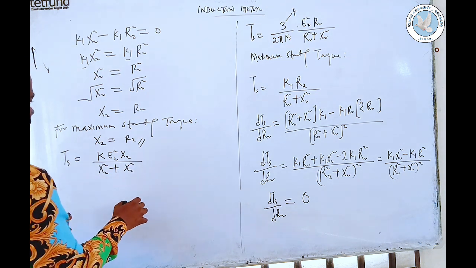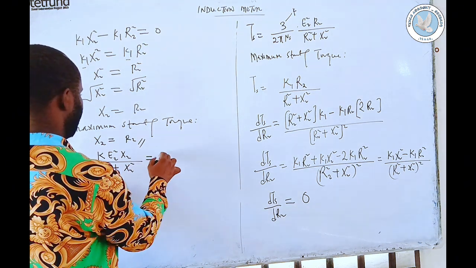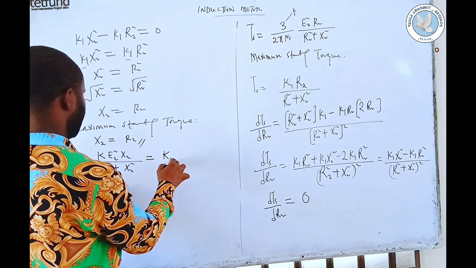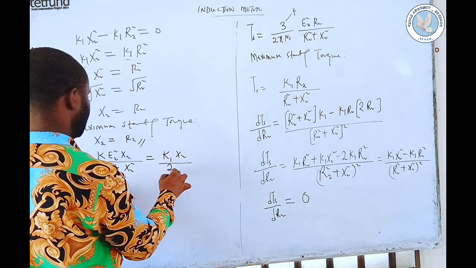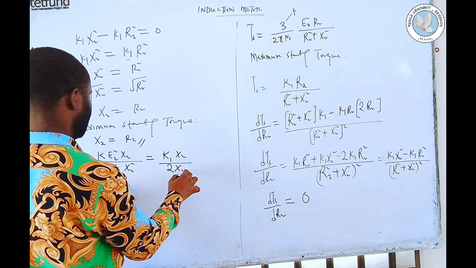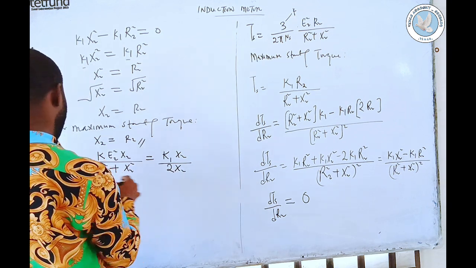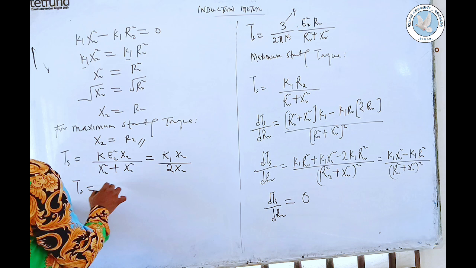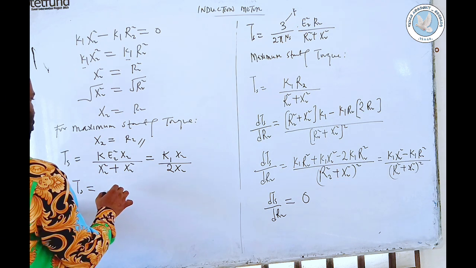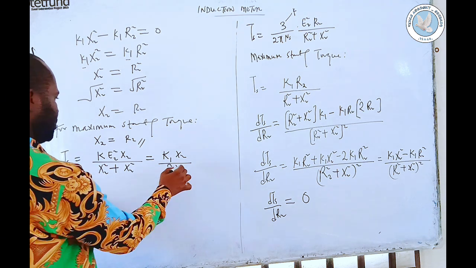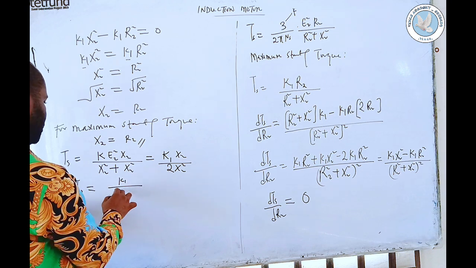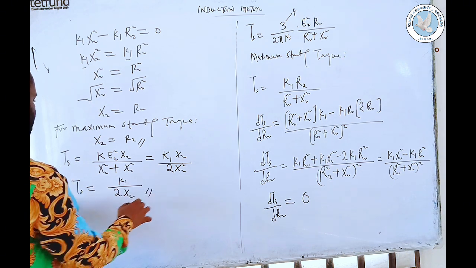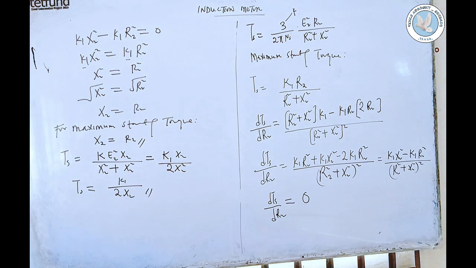You can put this as even K1, which is this, into 2. So this will give us that starting torque is only concerned with this, divided by 2 this. So that is the maximum starting torque.